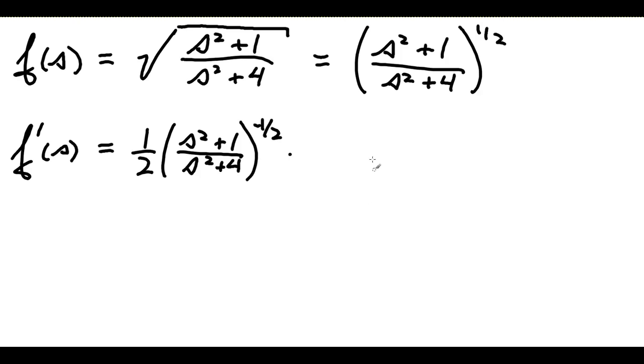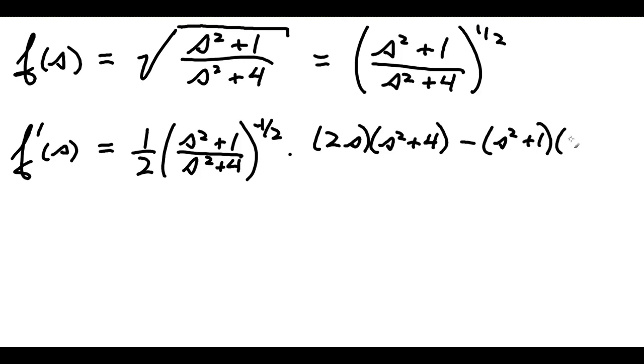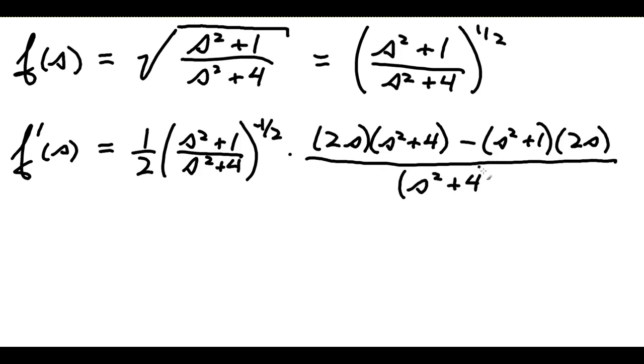Well, what is the derivative of that thing? Quotient rule is what we need to use there, right? We'll have the derivative of the top, which would be 2s, times the bottom, s squared plus 4, minus the top, s squared plus 1, times the derivative of the bottom, which is 2s. And this is all divided by the bottom squared, right?